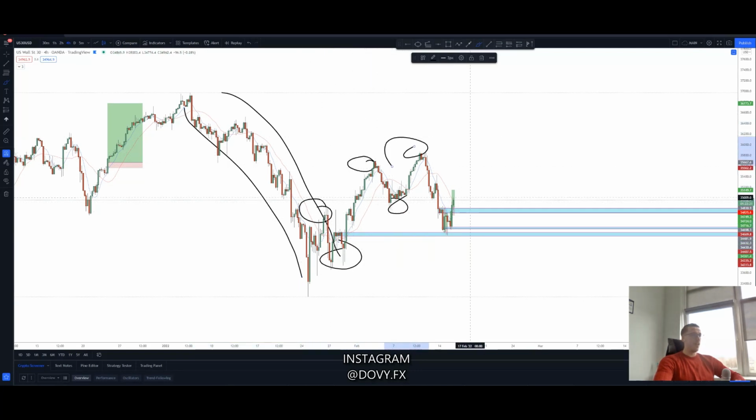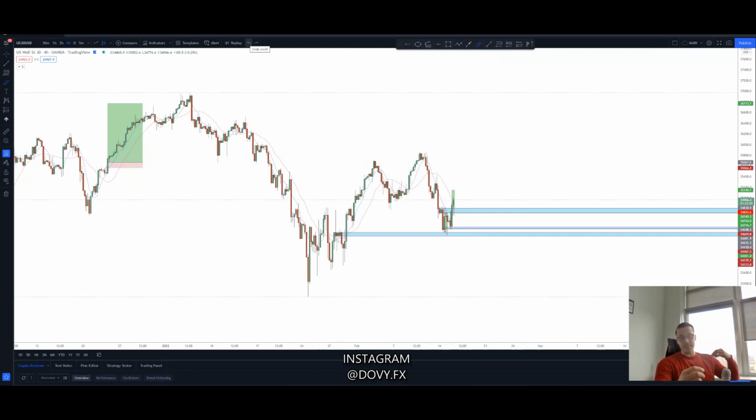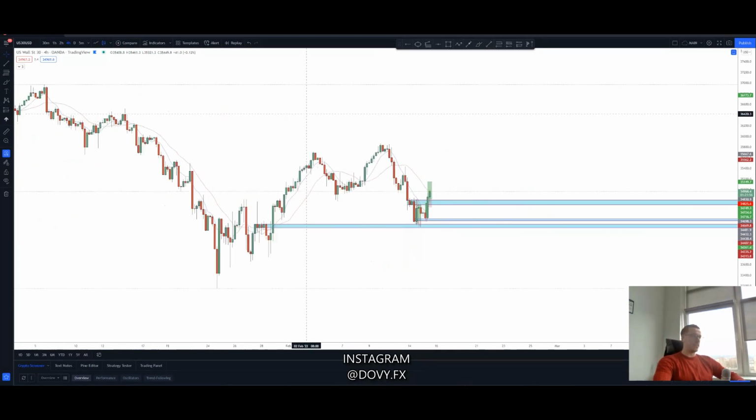Yes, we had a bearish push where the price broke the bullish market structure, and that made my bias a little bit more bullish than bearish, but I was still expecting some bearish momentum. So that was my overall bias that I set before doing any analysis.